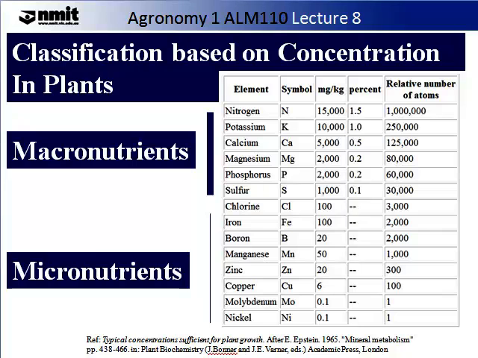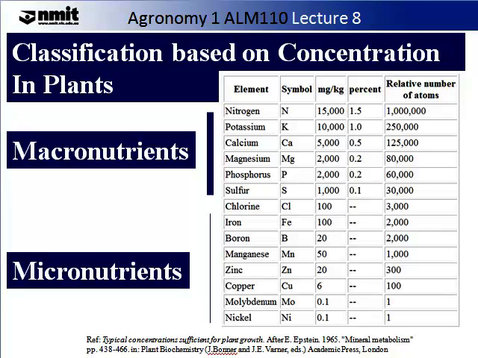The first system of classification I'd like to introduce to you is based on the concentration or amount found in plants. There are two groups, the macronutrients and the micronutrients. The macronutrients include nitrogen, potassium, calcium, magnesium, phosphorus, and sulfur. As you can see, their concentration occurs between 15,000 and 1,000 mg per kilogram.